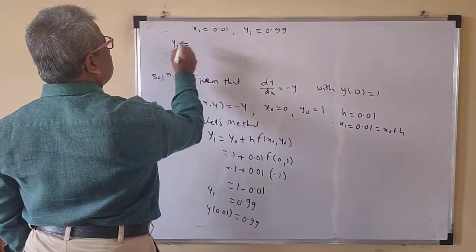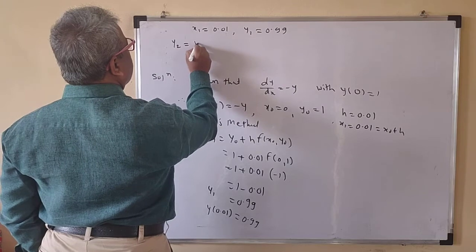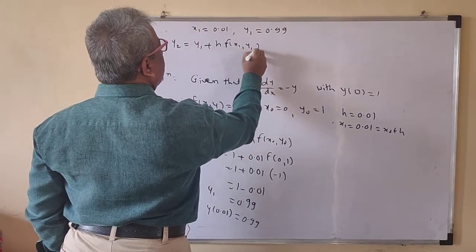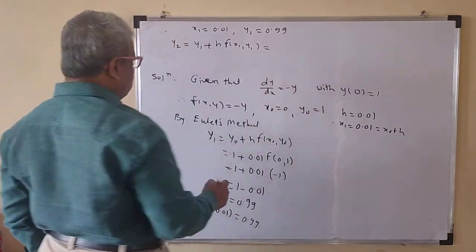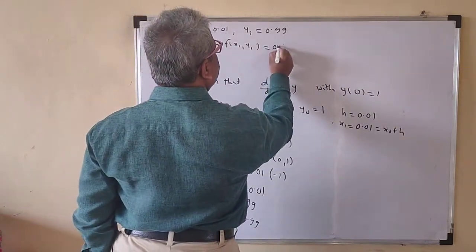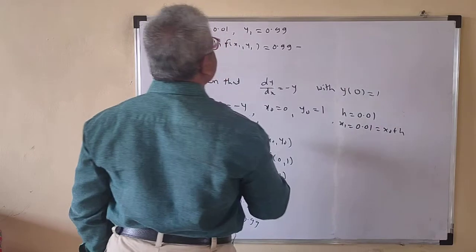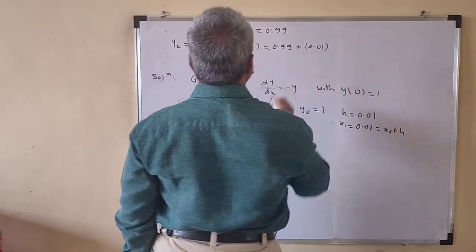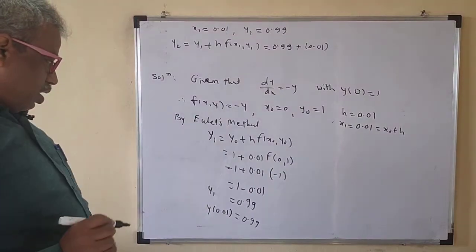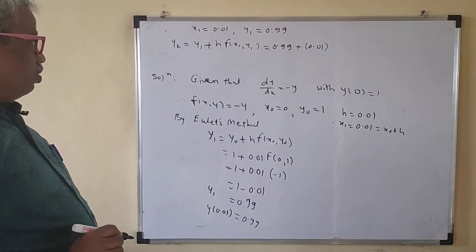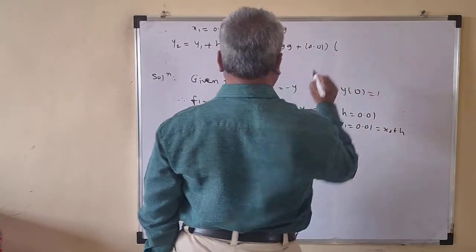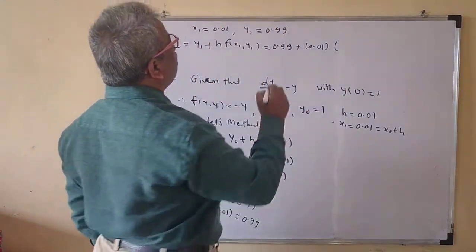Then y2 is equal to y1 plus h f of x1, y1. What is your y1? Your y1 is 0.99 minus h, which is 0.01, into y1.